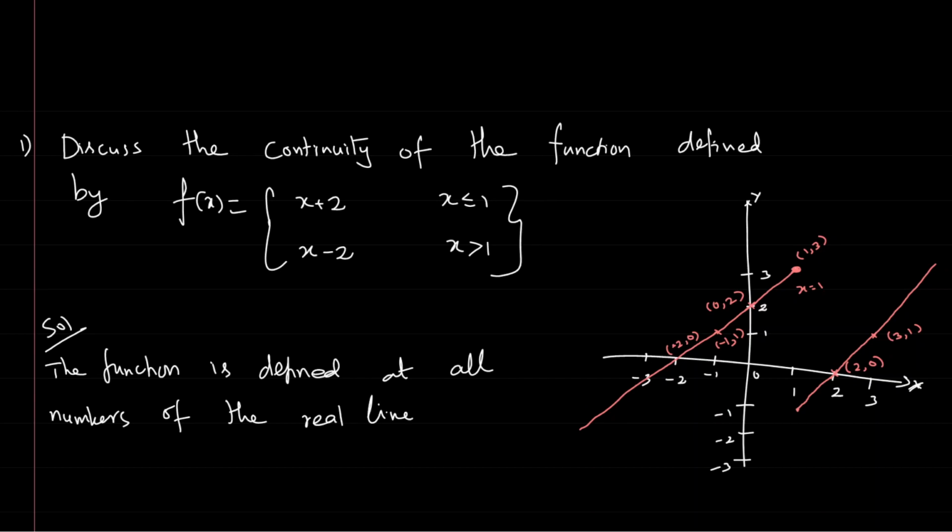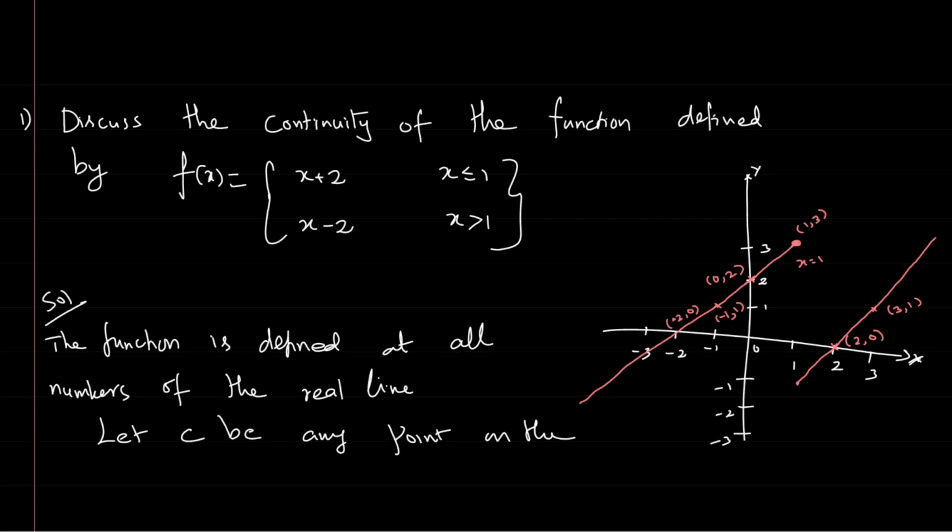It takes all possible values in the real line. No value is omitted because for x less than or equal to 1, it takes 1, 0, minus 1, minus 2, etc. If x is greater than 1, it will take 2, 3, 4, etc. No value is missing. Clear? Now let's see any point on the real line.